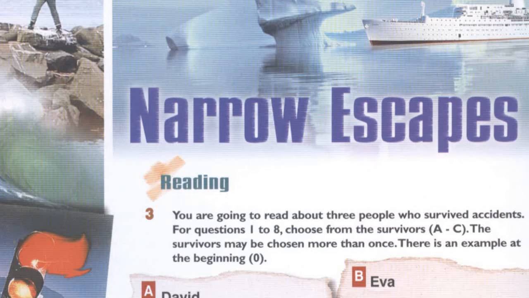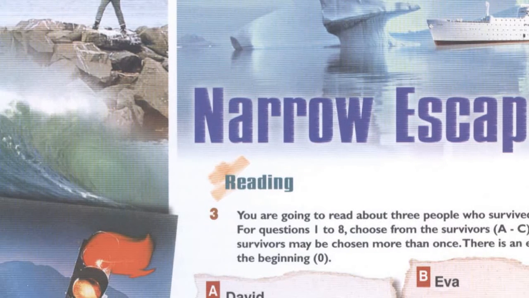Now, a narrow escape means just managing to get away from something, just avoiding something. So it is not about side to side. Narrow Escapes is the title of Unit 11.